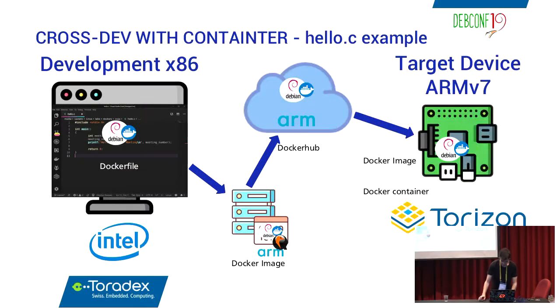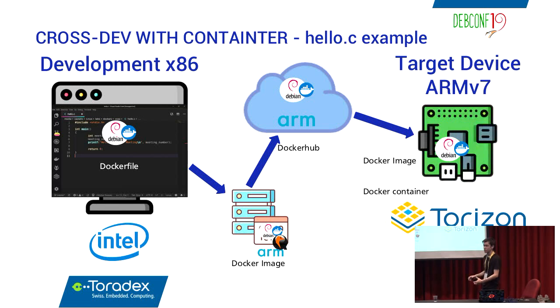Right. So we have the Dockerfile with the description of our commands, what we will have, the needs for our application. With this we will build a Docker image with our Debian container, and we will push this to Docker Hub or another cloud with a Docker registry.